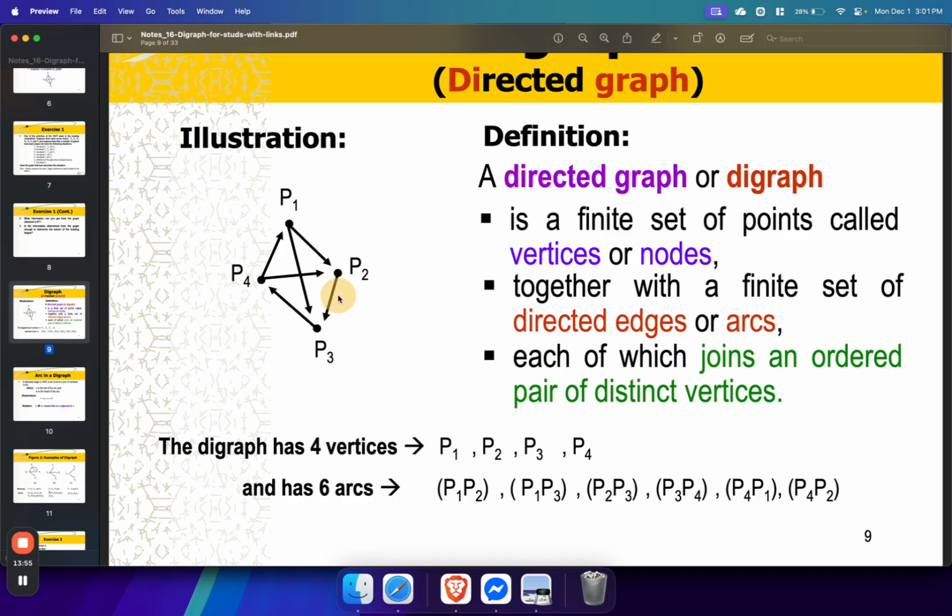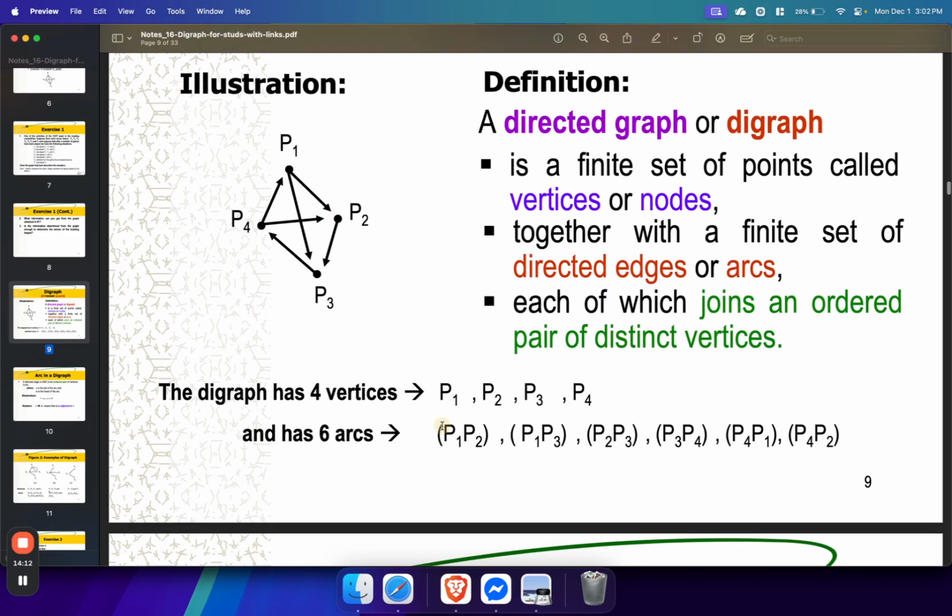And the arcs are going from P1 to P2, P1 to P3, P2 to P3, P3 to P4, and P4 to P1, as well as P4 to P2. And you will notice that they are written in ordered pair format. And the P1, or the first one, I'll tell you the name of this, it's called the tail. The tail of your arc is what comes first, followed by the head of your arc, which is the arrow.